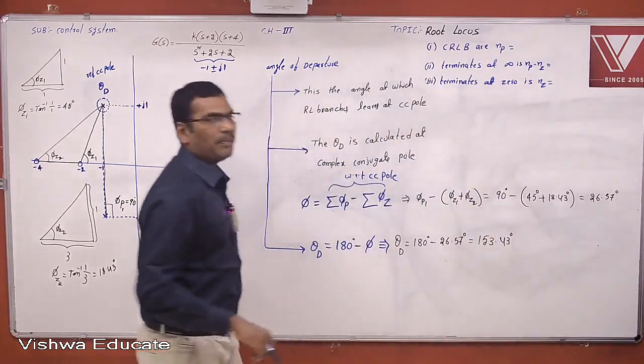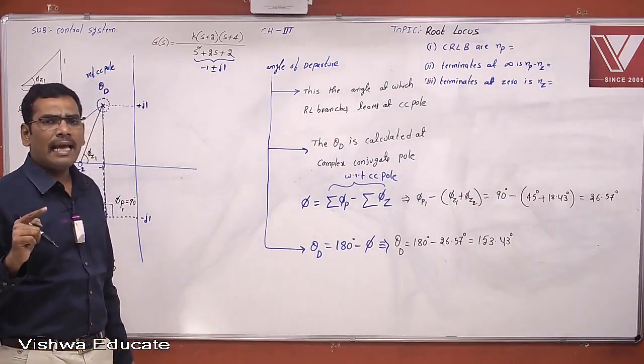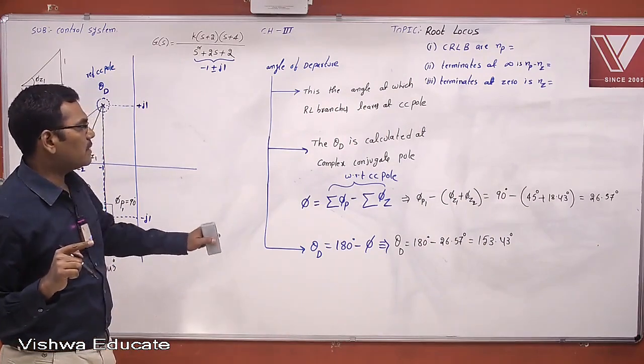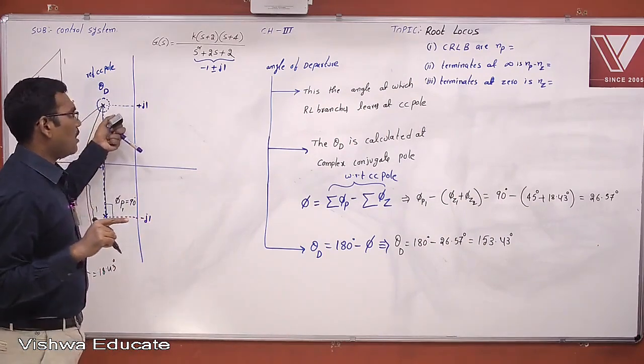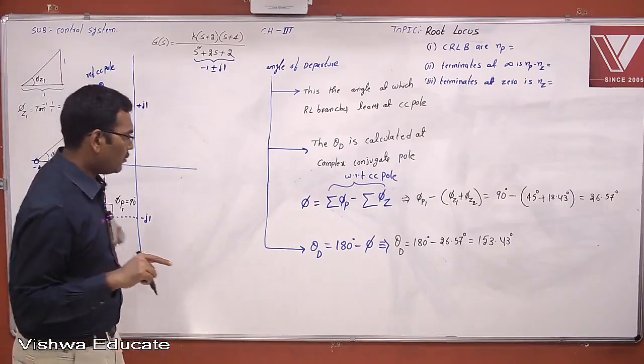153.43 degrees is the departed angle. With that particular angle, the root locus branch leaves the complex conjugate pole. Okay. Now we first take this one.